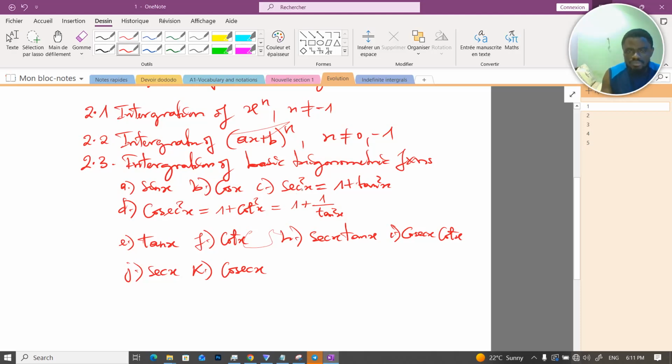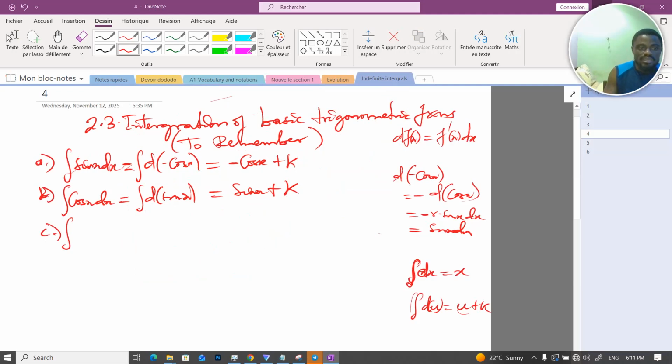We are to integrate sec square x. Okay, the integral of sec square x dx is the same thing as the integral of 1 plus tan square x dx. Okay, what do I differentiate to have sec square x?